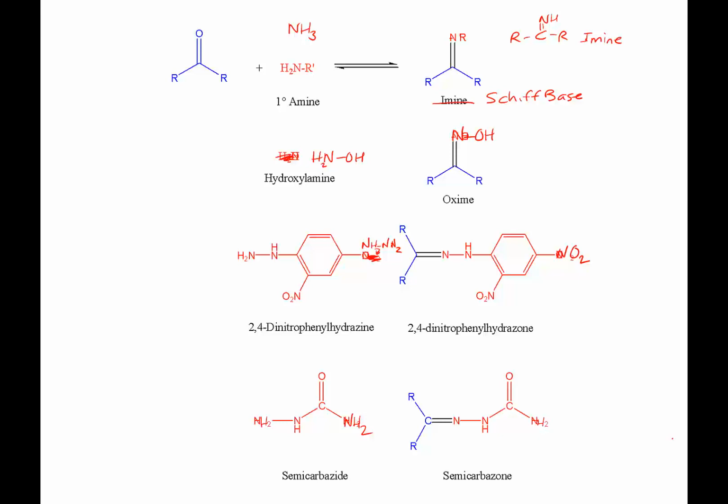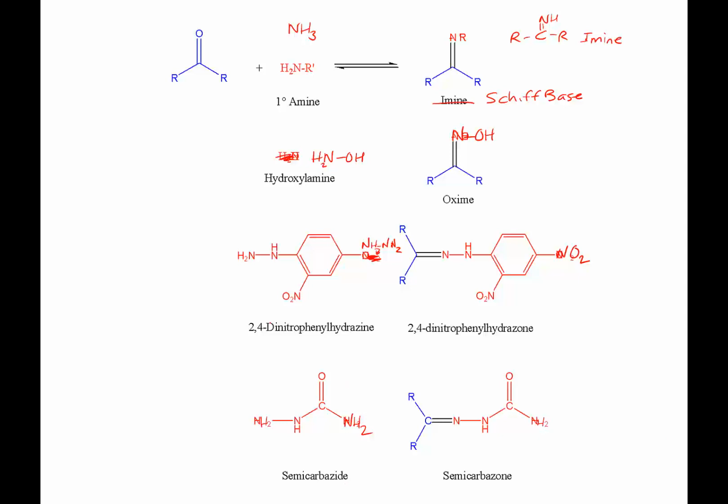But there was a time when you had to do chemical tests, what are called qualitative tests, in order to determine the identity of a molecule. So you would start with the idea of what functional group do you have. If you thought you had an alcohol, you would take a small amount of sodium or potassium metal, add it, and if it fizzed, it was an alcohol. If you thought you had maybe a ketone or an aldehyde, you would add one of these reagents, either the hydroxylamine, the 2,4-dinitrophenylhydrazine, or the semicarbazide.